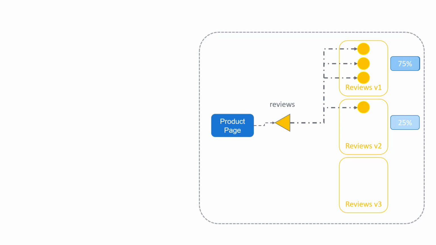What if we need more granularity in distributing traffic between versions? For example, what if we wanted to send just 1% of traffic to version 2? So that the distribution is 99% to version 1 and just 1% to version 2.